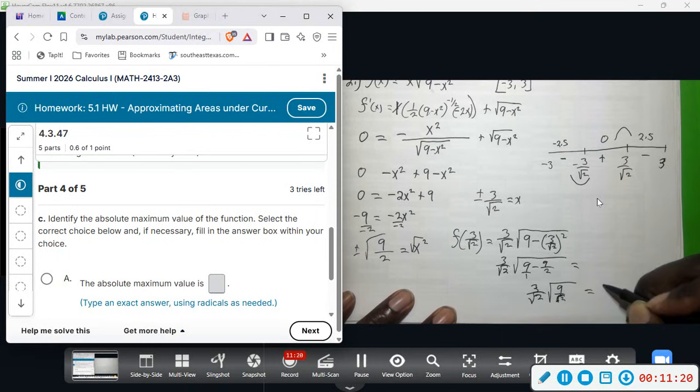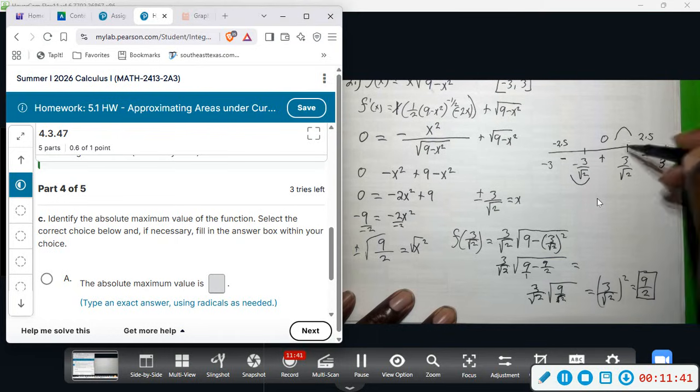So we end up with 3 over the square root of 2 times 3 over the square root of 2, and that gives us 3 squared is 9 over 2. 3 squared is 9. Square root of 2 squared is 2. All right, so we get 9 over 2 as the value here.